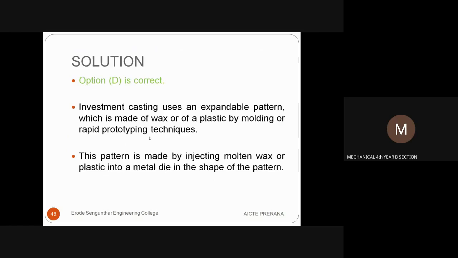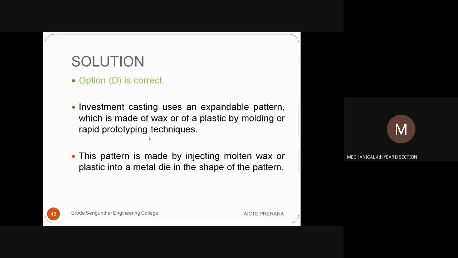This pattern is made by injecting molten wax or plastic into a metal die in the shape of the pattern. Whatever shape the pattern should be, the wax or plastic pattern should be manufactured in that shape. We use wax or plastic patterns for maintaining the surface finish.